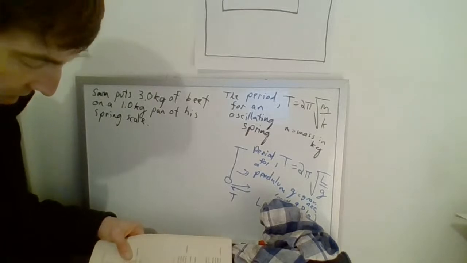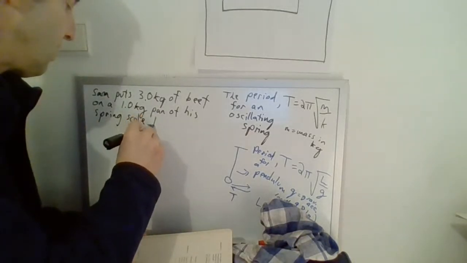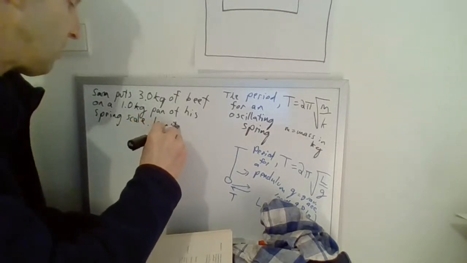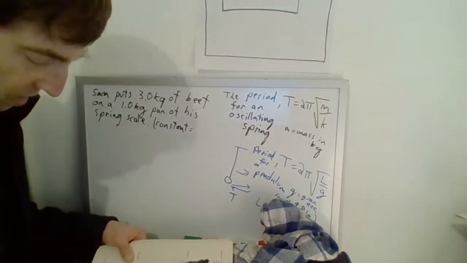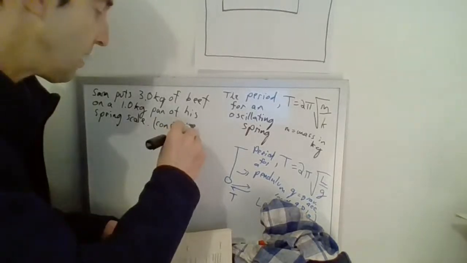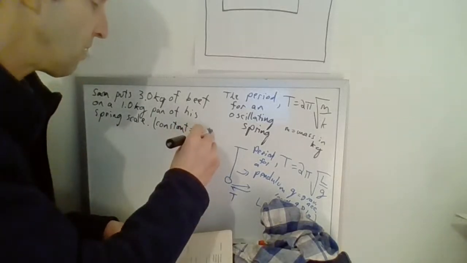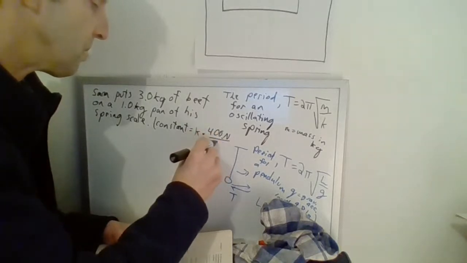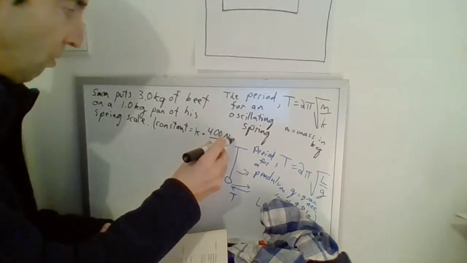Okay. And the scale constant, the spring constant, k, is 400 newtons per meter. Okay? Right.